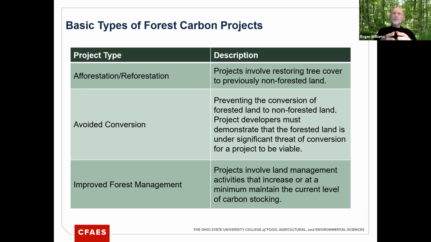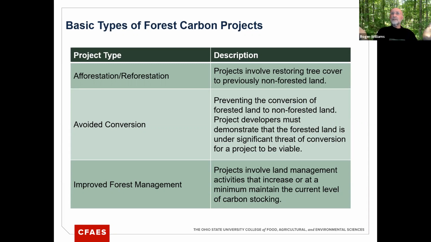Another project would be what is referred to as avoided conversion. This is where you have to verify that you are going to prevent the conversion of forest land to non-forest land, right? Maybe your forest land is under pressure for development.